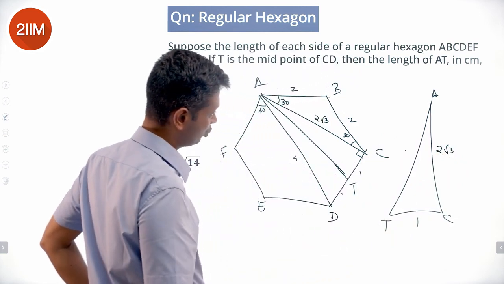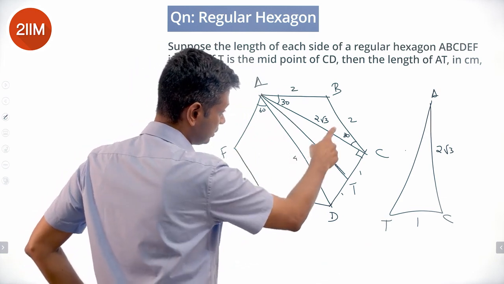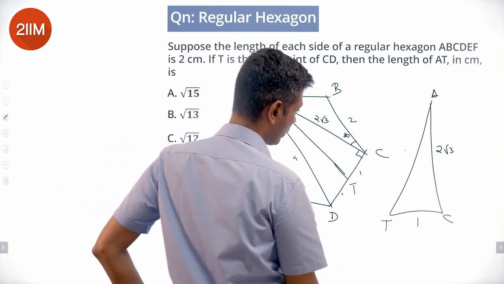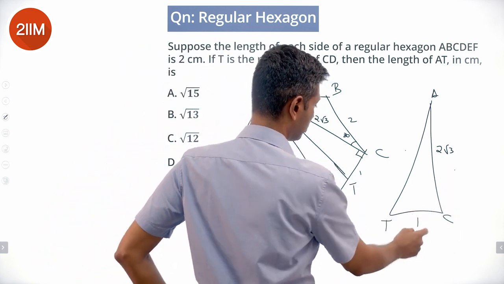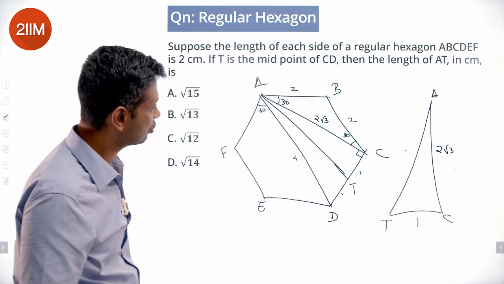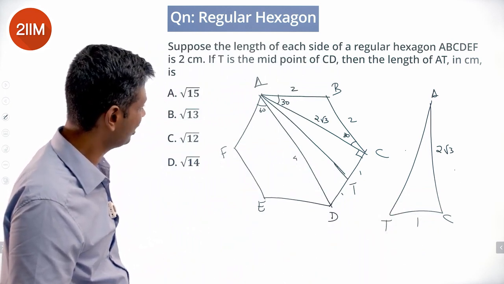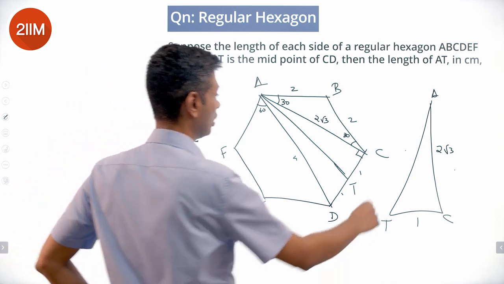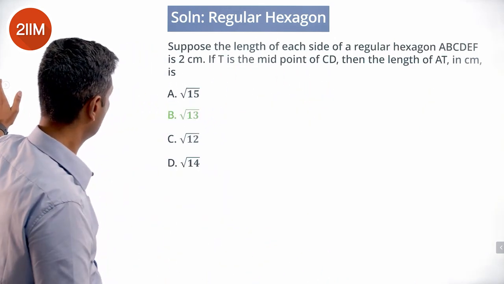Angle ACD we can find because it's 120 degrees, the internal angle: 30, 30, 120, 30, 90. So 2 root 3 whole square, 3 into 2, 12, 12 plus 1 square adds up to 13. That's the hypotenuse. So square root of 13 should work. Let me just check that. Perfect.